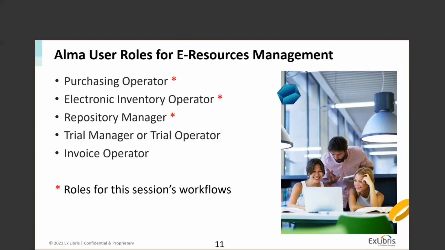Someone at your institution will need these roles. It could be several different people. It could be one person who has them all to do all of the possible things in e-resource management. Today's session, we will only require the first three of the roles here. We're not going to be talking about trials today, and we're not going to be talking about invoicing. Trials, for instance, will be talked about in the advanced session later this month. Okay.